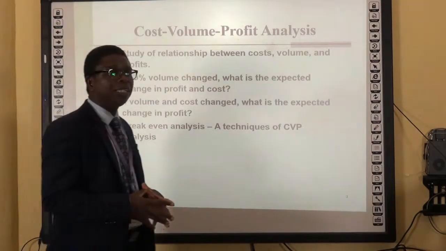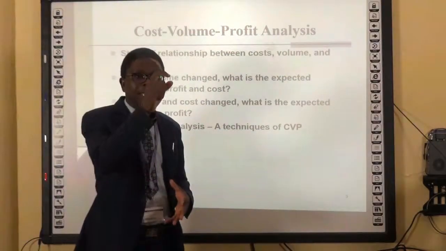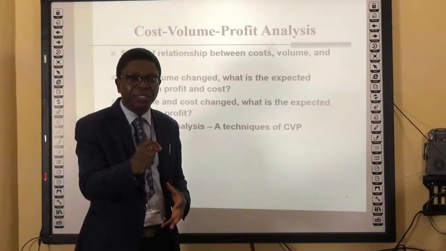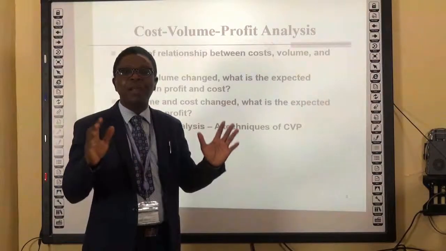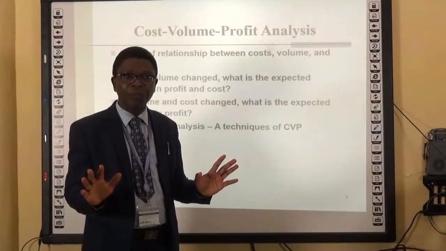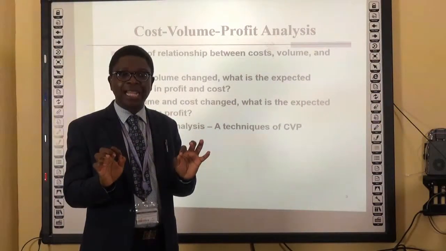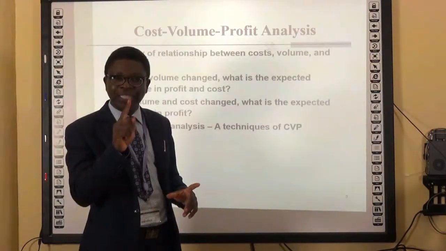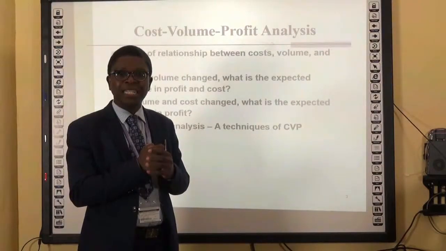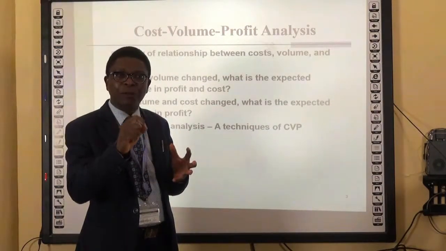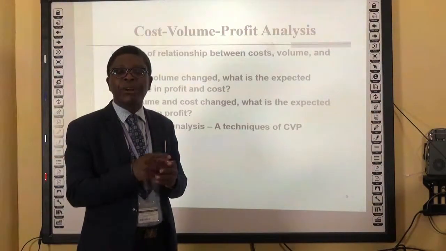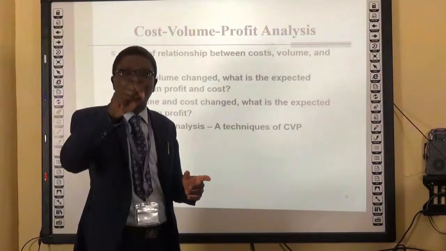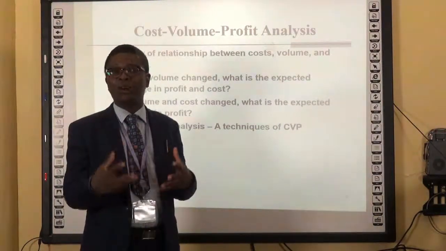Actually, break-even is talking about a point in the level of activity of an organization where you are able to cover all your costs without incurring any loss but no profit. That point is key in the life of every profit-making organization, because until you attain that point, you'll be operating at a loss.